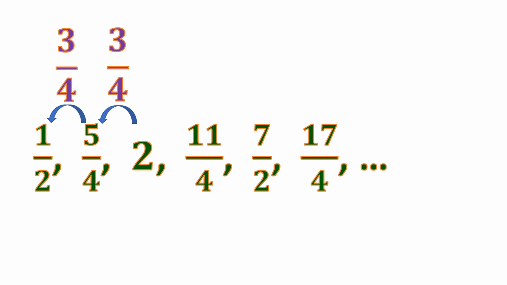Then let's subtract again. To make it the same denominator, you need to times 4 the 2 to make it 8/4. So it will be 11/4 minus 8/4. So 11 minus 8 is 3. So it's still 3/4. Then subtract 7/2 and 11/4. So you need to times 2 the 7/2 to make it over 4. So it's gonna be 14 over 4. So 14 minus 11 is 3.